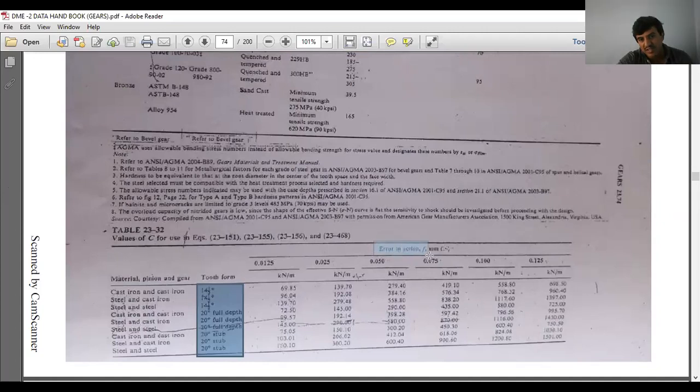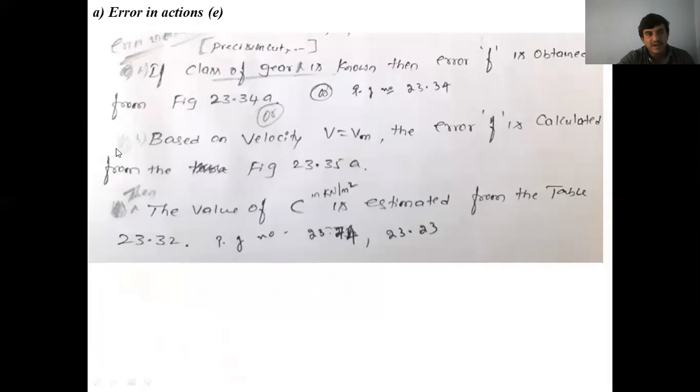But if you want to calculate the C value, the error in action is unknown. Then how to determine the error in action? We can determine it using two methods. One is if the class of gear is known, how the gears are cut, whether it is a precision gear or a carefully cut gear. Based on that, we calculate the error e by referring to figure 23.34a.